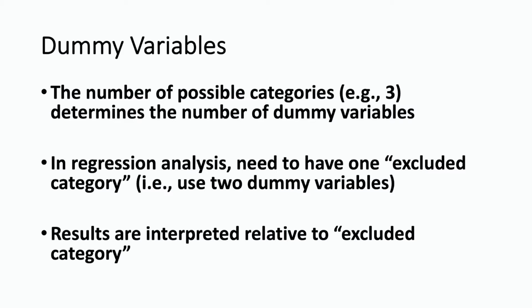But when we actually include the dummy variables in the regression model, we need to have one excluded category. So instead of using all 3 dummy variables, we only use 2 of them, accounting for 2 of the categories. Then when we get our regression results, the results for the dummy variables are interpreted relative to the excluded category. I'll show you what this means in a second.